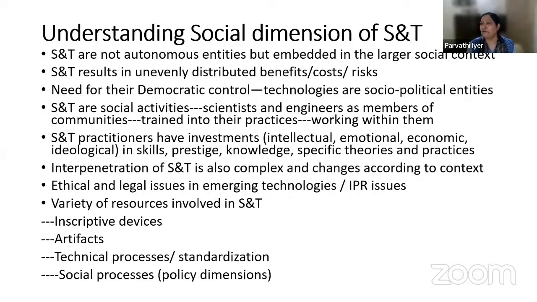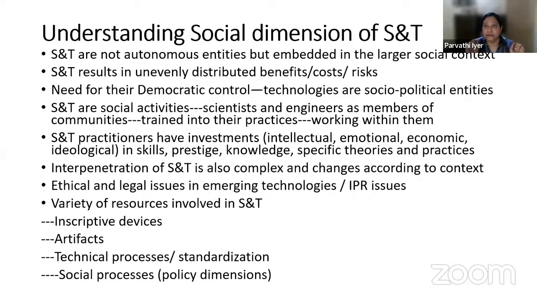Now, there are any number of examples. For instance, when you allow multinational companies to sell genetically modified seeds to farmers. Of course, I don't want to debate the rights and wrongs of this because GM foods are a contested terrain, and there are a lot of debates on it, so I don't want to get into those debates.